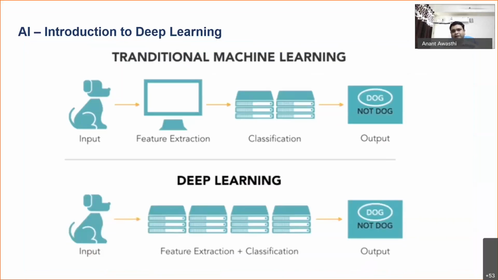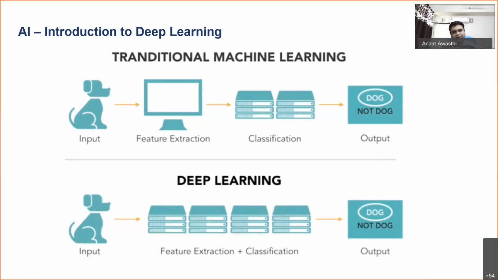Now coming to the next part of our discussion, that is deep learning. Usually in our traditional machine learning methods, you have a set of input variables, and after that the researcher selects some of the variables on the basis of some experience and some statistical criteria, and after that those features go into the model and you get an output.